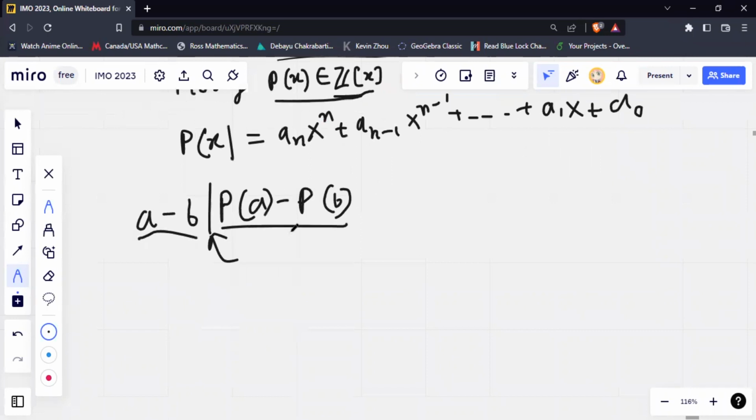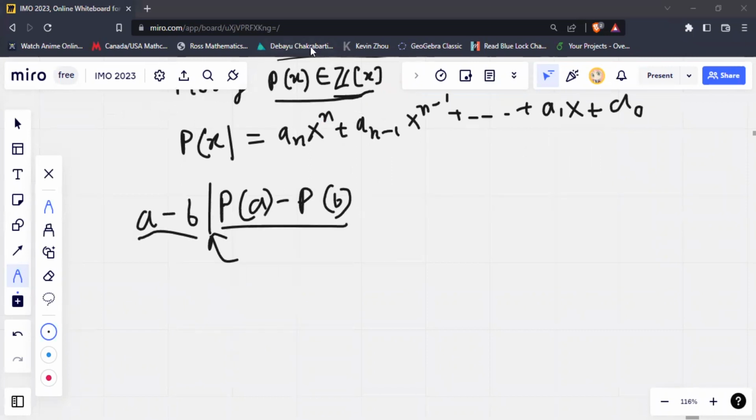Okay, so why is this true? Can anyone tell me? Because the constant term cancels out. Yes, after you expand, the constant term dies and you have something in common, right?